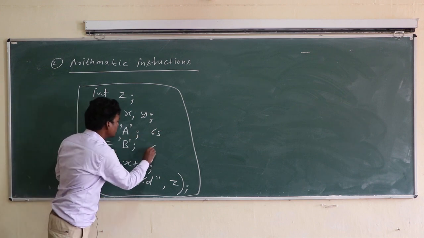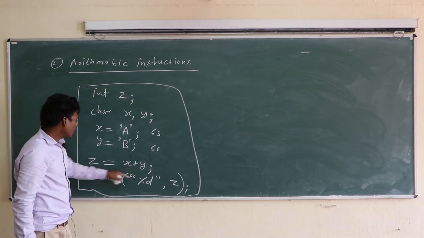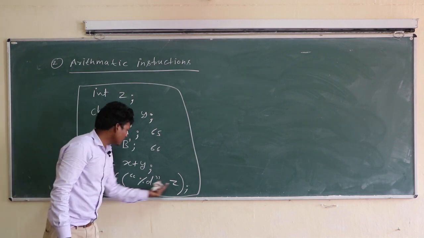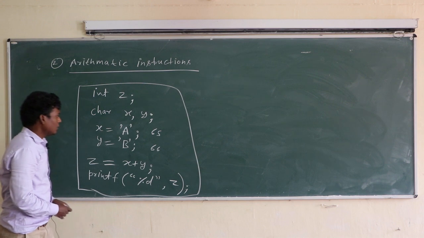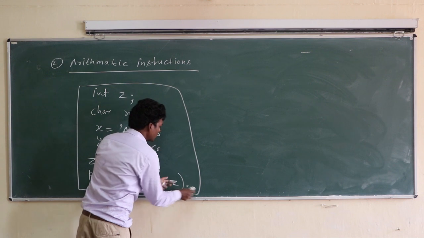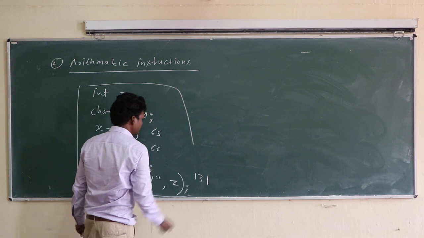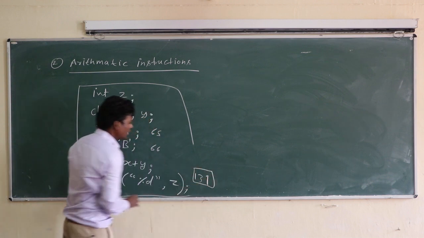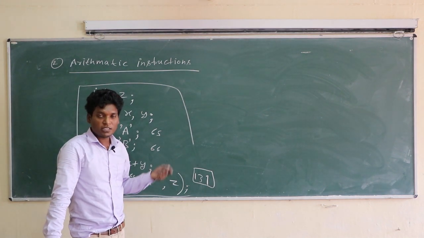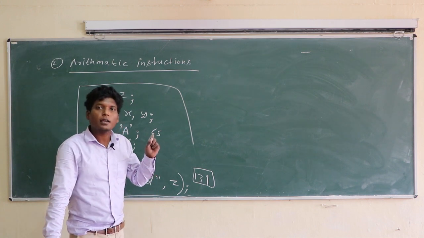Y has the value 66, and 65 plus 66 is added, and the result is assigned to z, and printf prints this z with %d. So the output will be 131. We can perform arithmetic instructions not only on integer constants and real constants, but also on character constants.